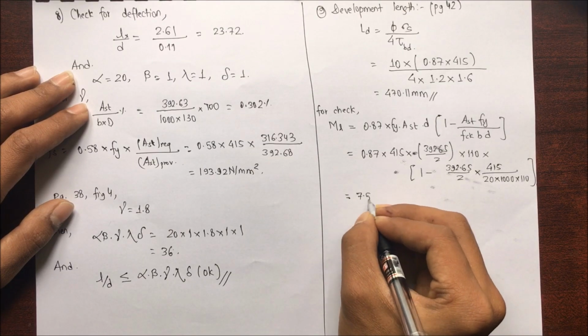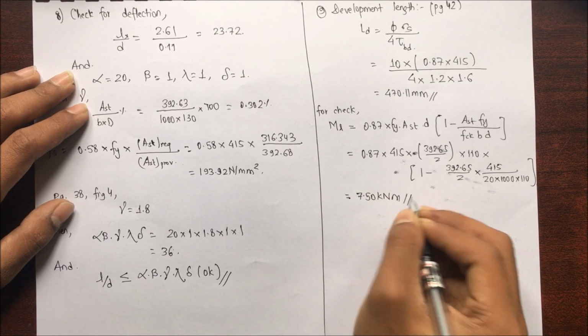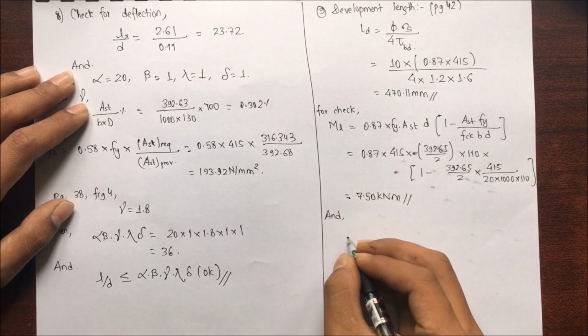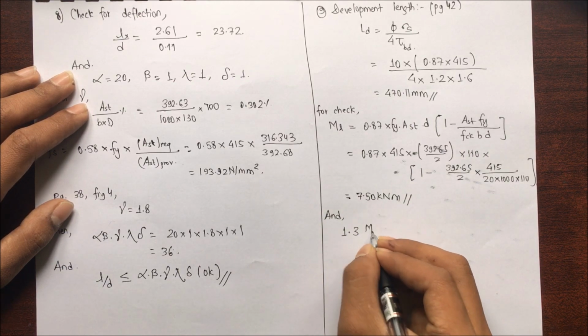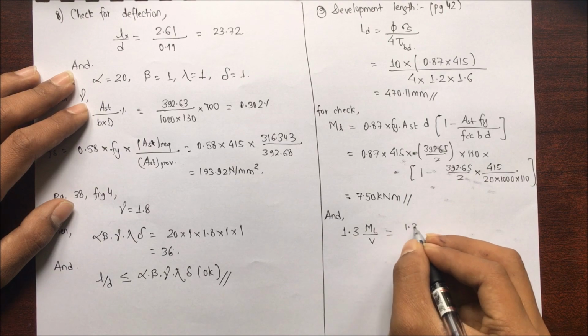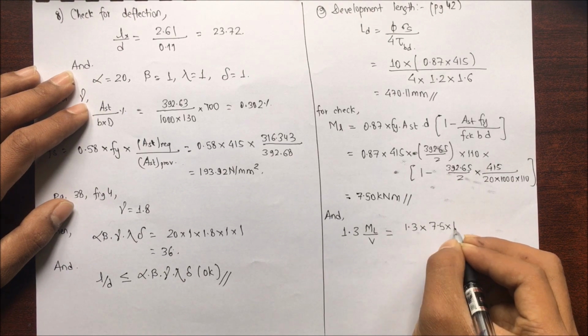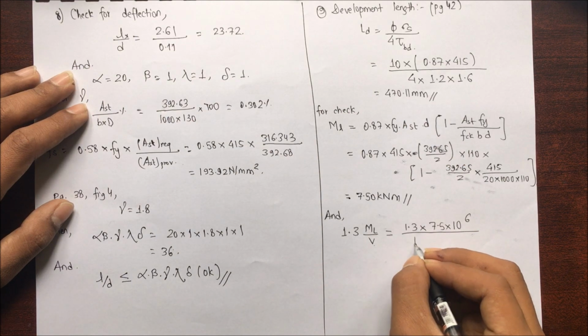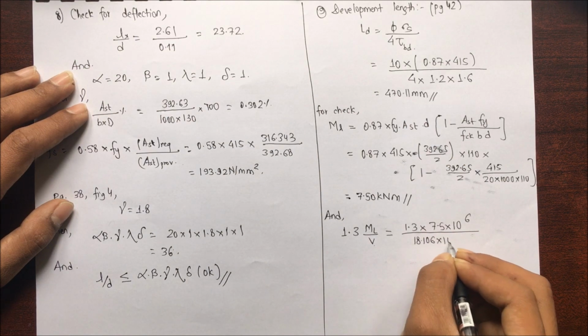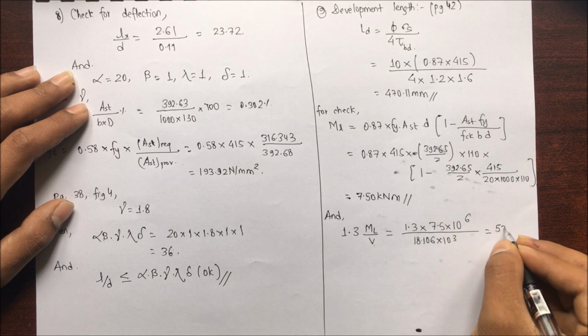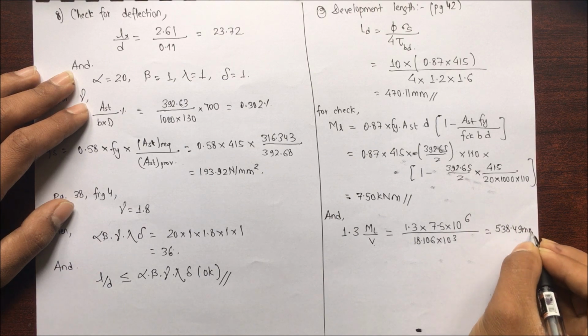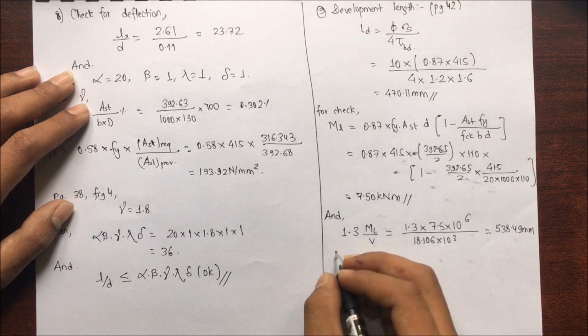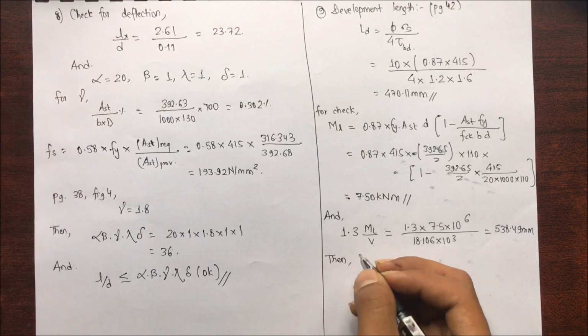Now this comes as 7.50 kilonewton meter and 1.3 M1 from the code, as I said, M1 by V, 1.3 into 7.5 into 10 to the power 6, converting to newton mm, V as 18.06 into 10 to the power 3 newton. So this comes as 538.49 mm, which is greater than development length.